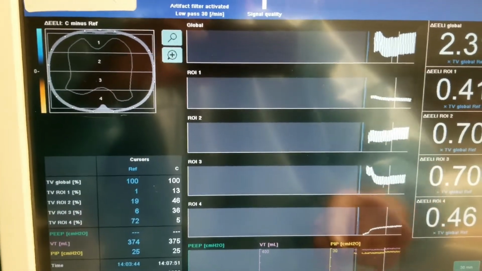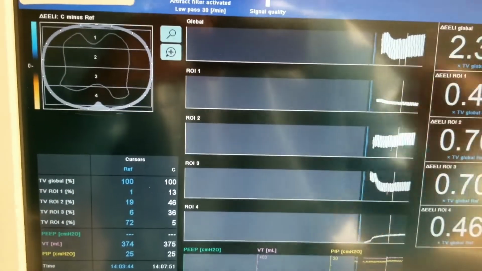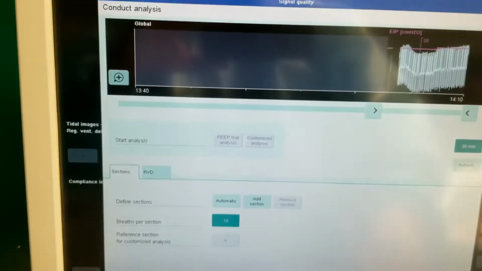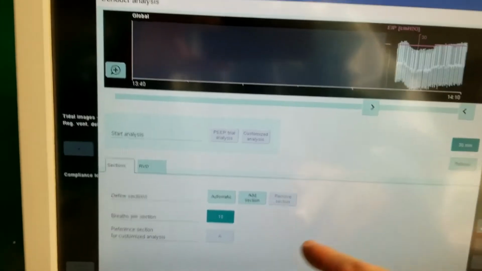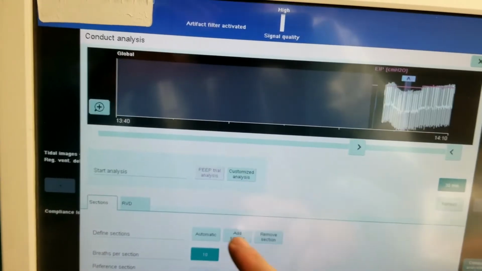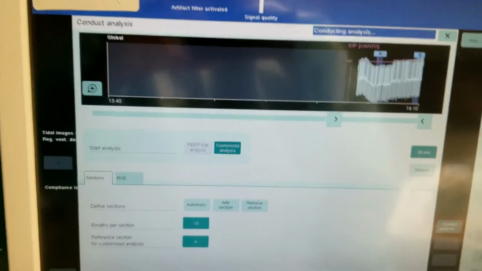All right, so let's just leave it there while it's recruiting on 25. And we'll just keep on going up that way. Then after, we can go to the diagnostics, where we're going to look at regional compliance values. I can add this just quick, like this, where we are now, and we can customize.